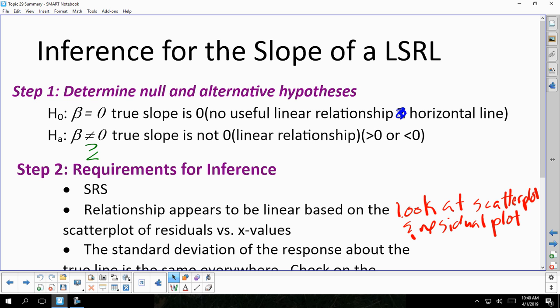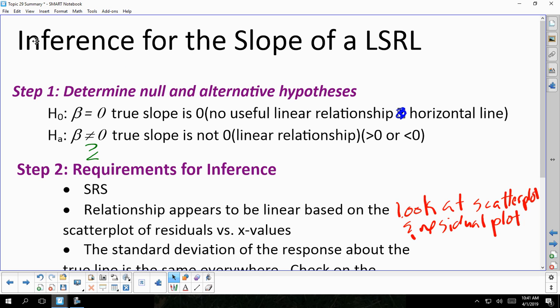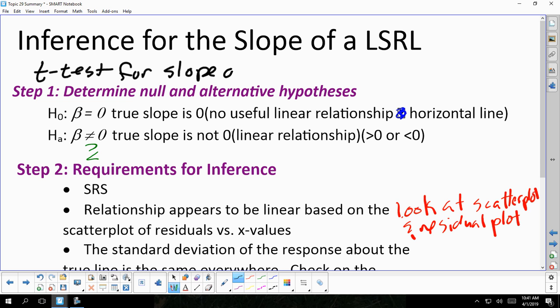So again, this is like every other hypothesis test we've done. We're going to start by stating the procedure. This is a t-test for slope of regression.